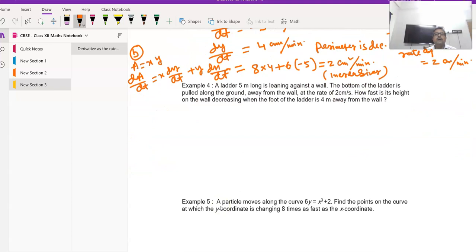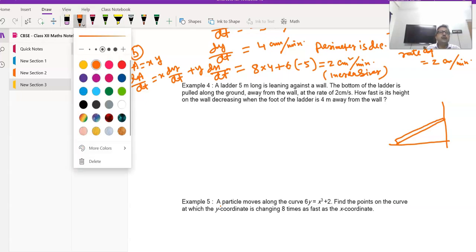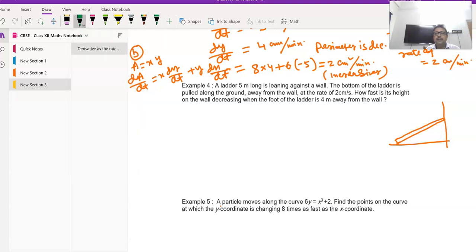A ladder 5 meter long is leaning against a wall. The bottom of the ladder is pulled along the ground away from the wall at the rate of 2 centimeter per second. How fast is the height on the wall decreasing? That we are going to find.